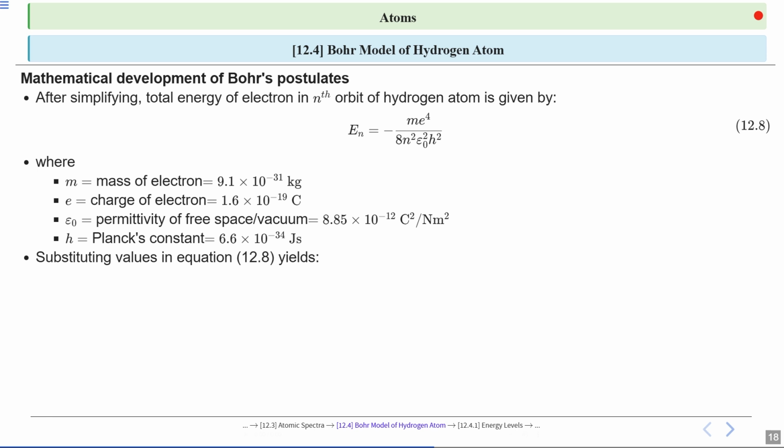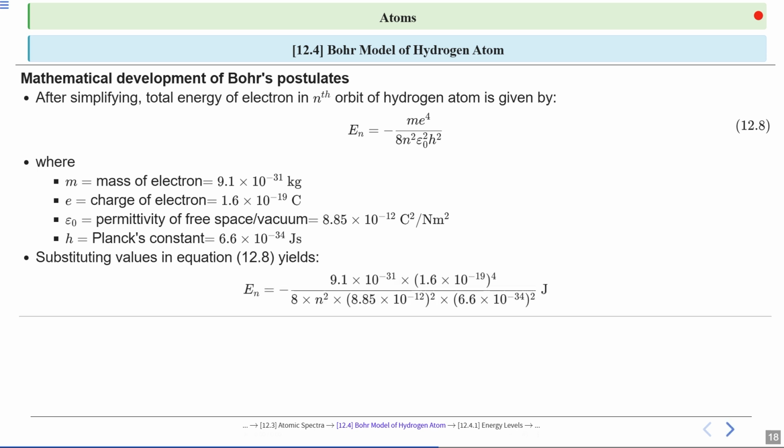So substituting values in equation 12.8, after substituting the values, we get the expanded formula for En, which is En equals minus 9.1 multiplied by 10 to the power minus 31 multiplied by 1.6 times 10 to the power minus 19 whole square, raised to power 4, upon 8 multiplied by n square multiplied by 8.85 times 10 to the power minus 12 whole square multiplied by 6.6 multiplied by 10 to the power minus 34 whole square joule, and the negative sign is representing that electron is bound to the nucleus.